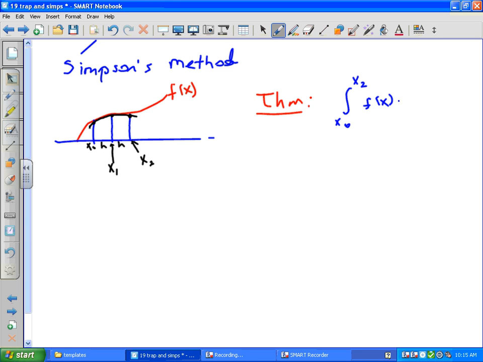It says that this is equal to 1/3 times h times f of x sub 0 plus 4 times f of x sub 1 plus 1 times f of x sub 2.